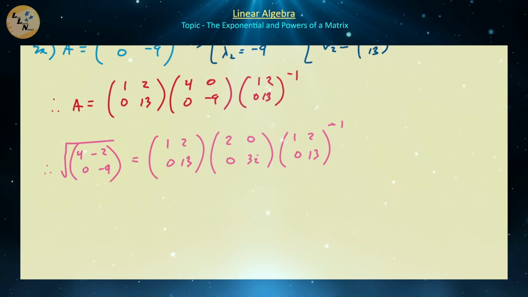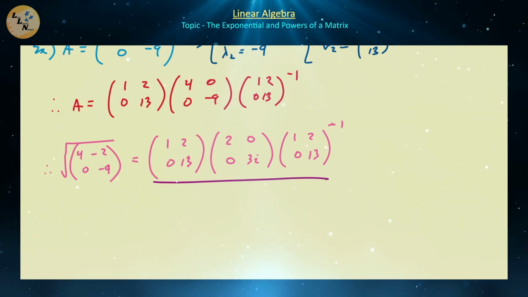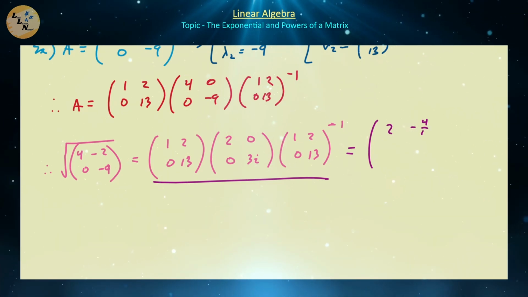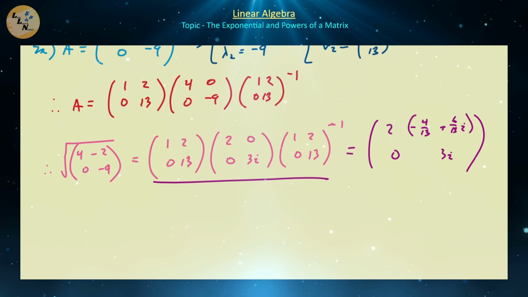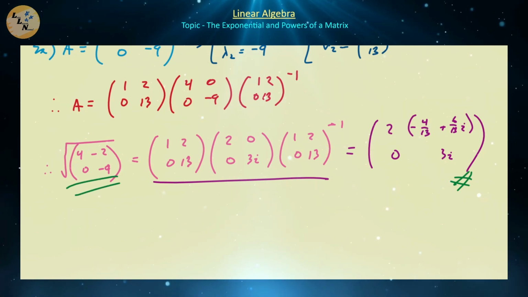Right? And once you multiply that matrix out, you're going to have the matrix with entries 2, minus 4 thirteenths plus 6 thirteenths i, that's one entry, then 0, and 3i. So it's not the most beautiful matrix, but it is the correct one. So I invite you to try and multiply that matrix by itself and show that it is actually equal to 4, minus 2, 0, minus 9.